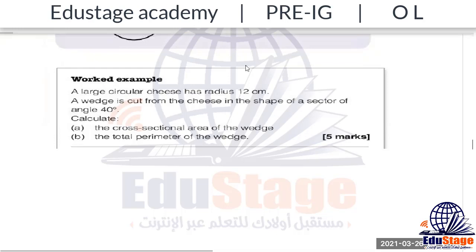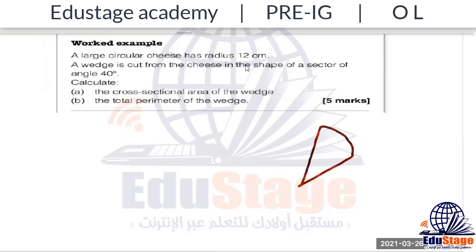So guys, here we need to calculate the sectional area of the wedge and the total perimeter of the wedge. Easy, guys. Take it easy. First of all, you need to imagine it and draw it first. It will be something like this.